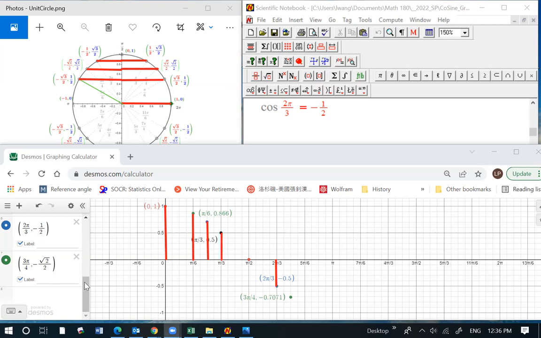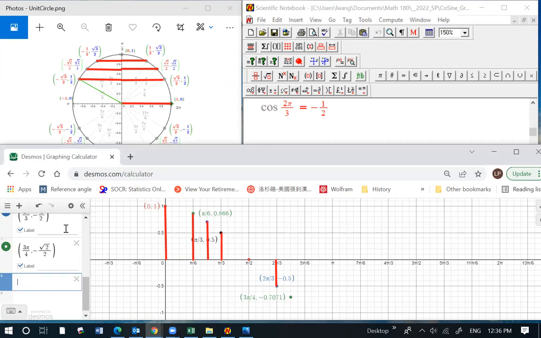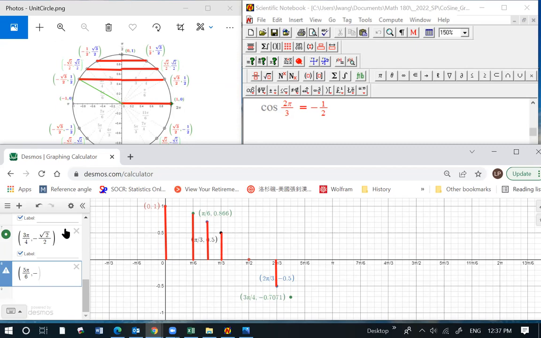So we are marking 5 pi over 6, comma, -√3 over 2.